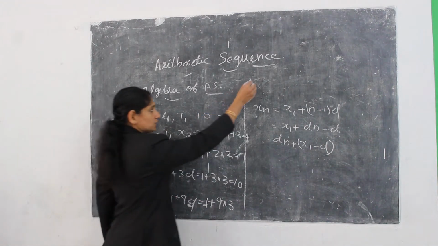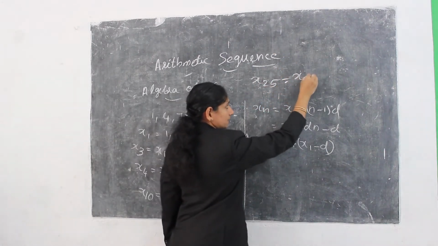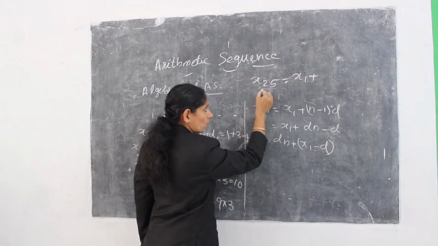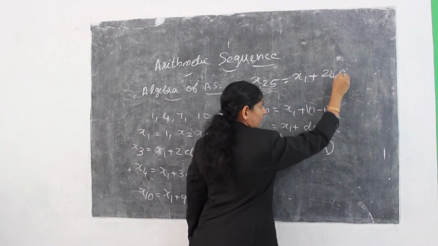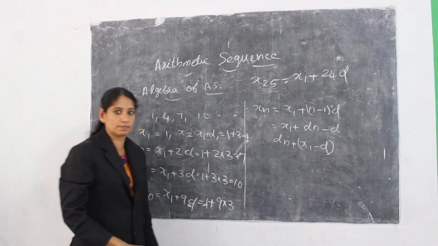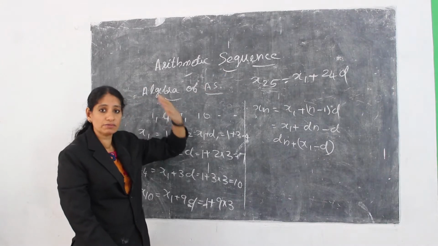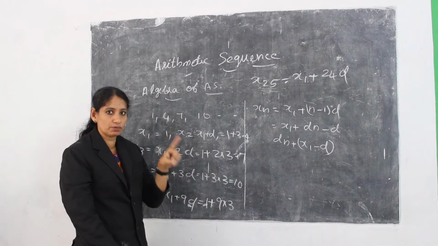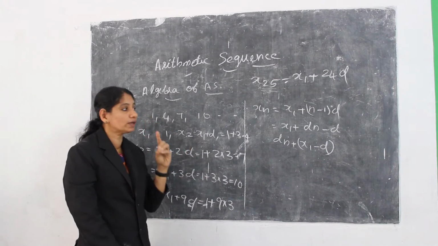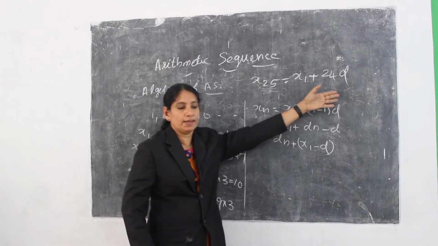Then if we find x25, it is x1 plus the number 1 less than this 25, that is 24 times the common difference. If we take x50, how many times do we add this common difference? The number 1 less than the position number 50, that is 49. x1 plus 49 times d.